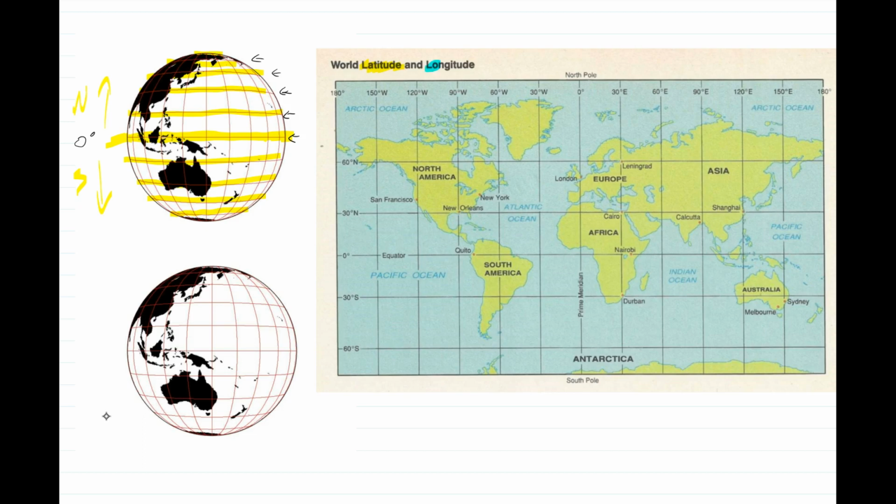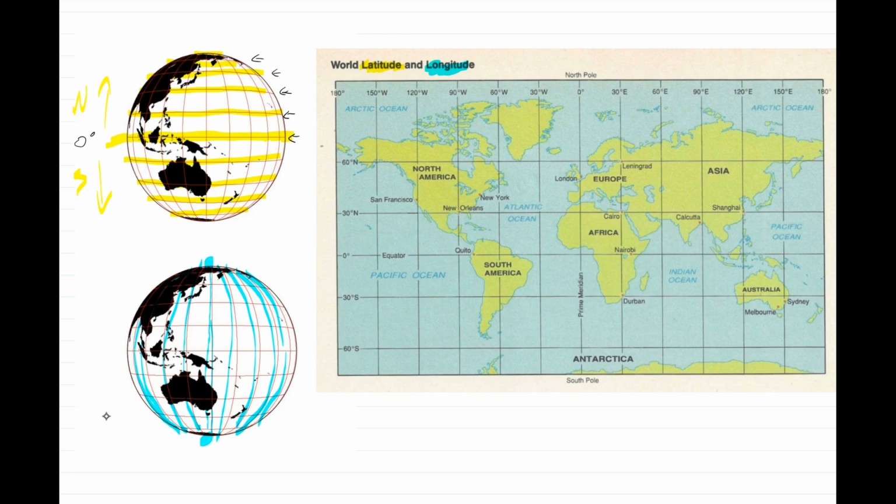The next one we're going to look at is longitude. Longitude is represented by these nice long lines that go from the North Pole down to the South Pole and around the other side of the globe. That's why they're longitude, because they're long.